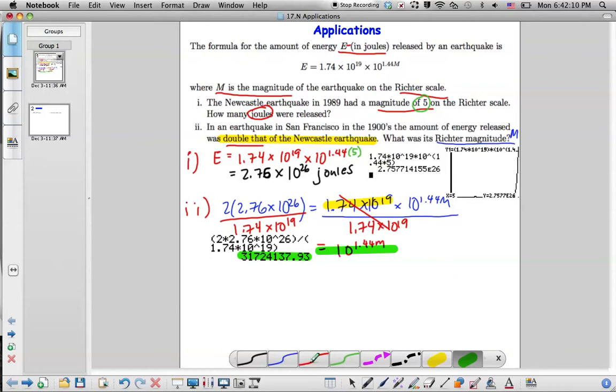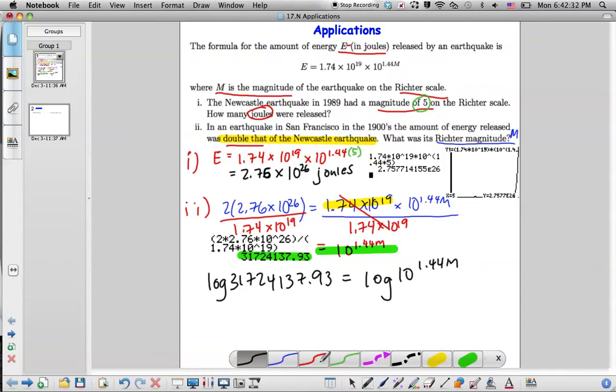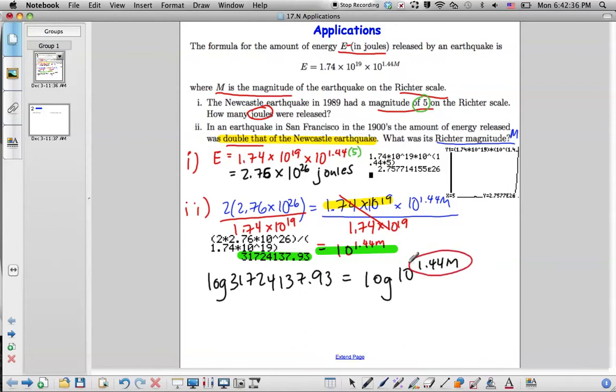And we can do this now because we know our log rules. So if we take the log of both sides, if I take the log of this answer and I take the log of this side, now using my power rule, I can take my power and move that out front.